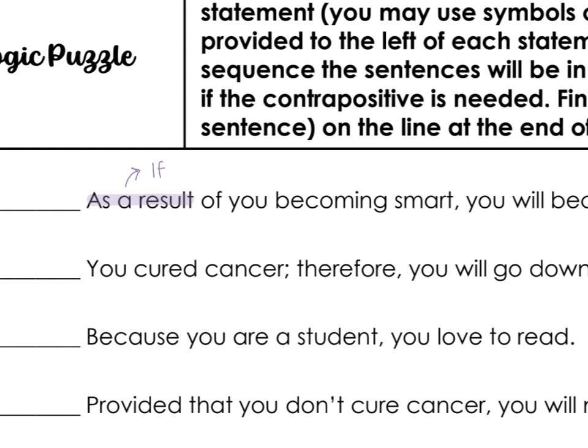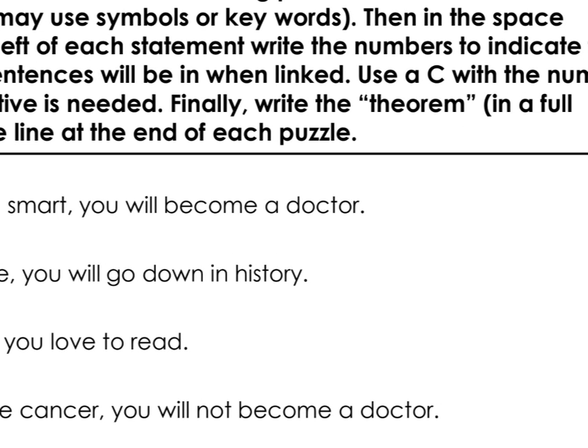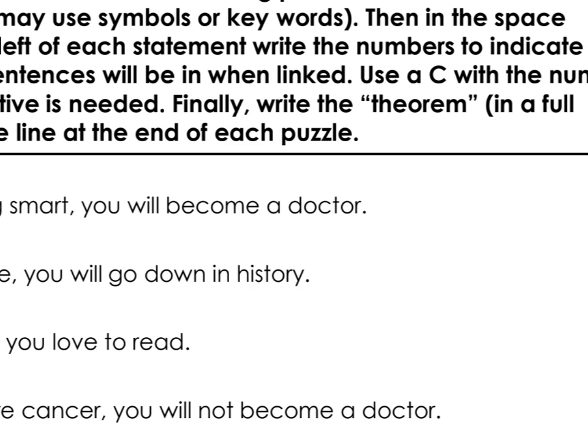Okay, so because of that, our hypothesis is going to be you becoming smart, and our conclusion will be you becoming a doctor. Okay, so I'm going to use just smart and doctor as my keywords off to the side.